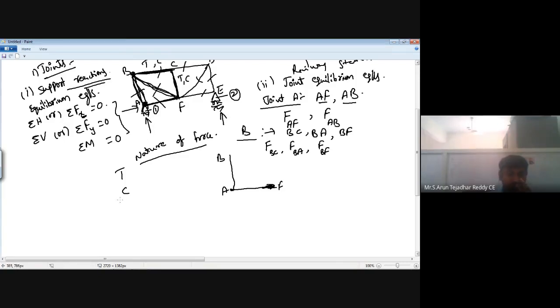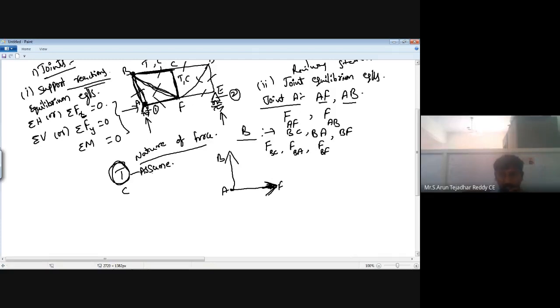So in the method of joints, remember this point: we assume all members are in tensile nature. The tensile nature symbol is like this. So this is the tensile nature member.